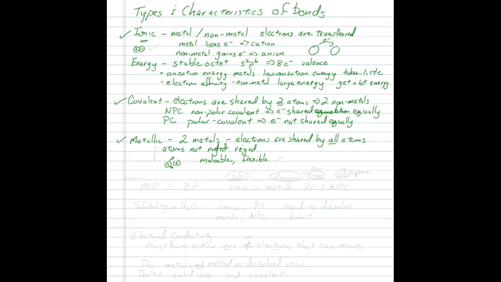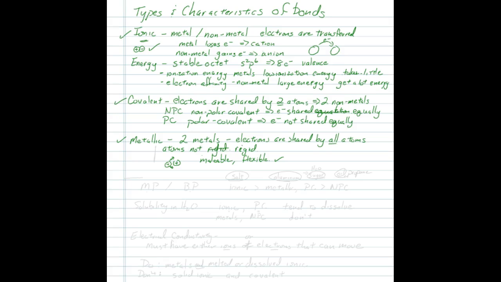If you take a piece of chalk and you try to bend it, it breaks. Chalk is an ionic compound. If you take a piece of metal, say wire, and you bend it, it will flex or bend.